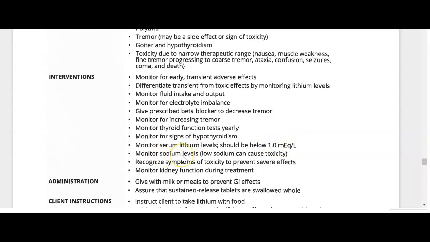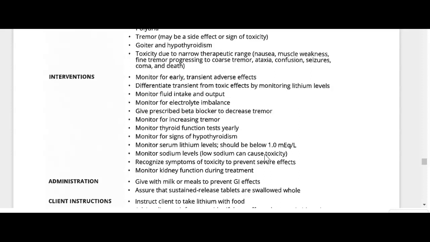And then monitor the sodium levels, and it says that low sodium can cause toxicity, and that is because lithium is a salt. So if the body is already low on salt, what it will do is hold on to lithium because the body recognizes it as a salt. So it says, okay, my salt content is low, so I'm going to hold on to this lithium and not excrete it.